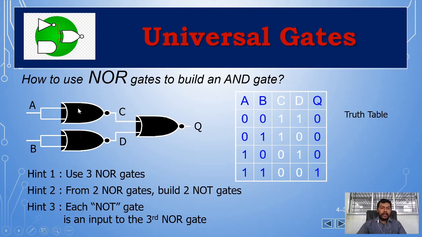We have made two NOT gates using NOR gates; A and B are their inputs. The outputs are C and D, and these are fed to the third NOR gate, and the output of this is Q. If you go to the truth tables, you will find that the output Q is equivalent to the AND gate.